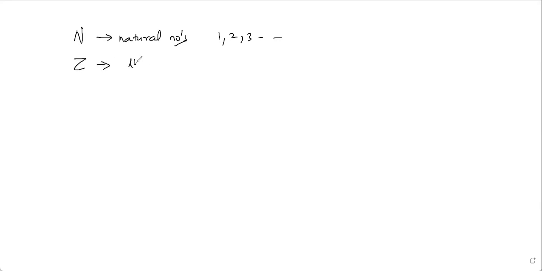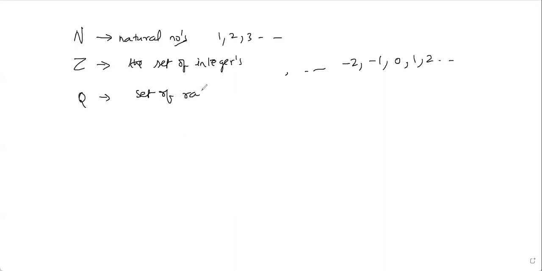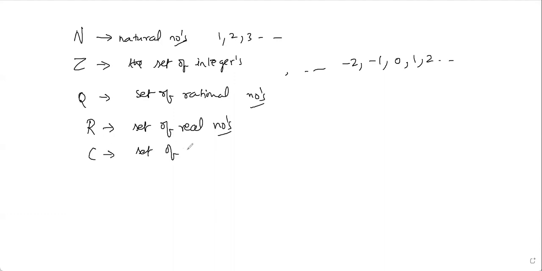Some such symbols are N, the set of natural numbers or positive integers 1, 2, 3, and so on; Z, the set of integers, which are -2, -1, 0, 1, 2, and so on; Q, the set of rational numbers; R, the set of real numbers; and C, the set of complex numbers.